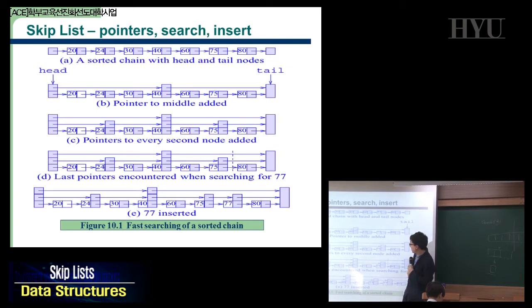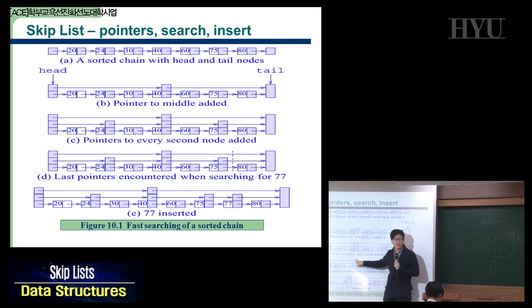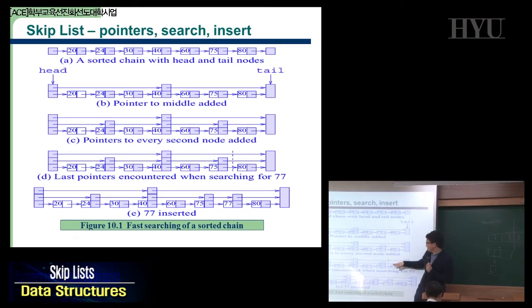If I'm looking for 77, I look at the value 40, but 40 is smaller than 77, so it must be on this way. So I can go from this point and check this every-second-element pointer, 75. 77 is still bigger than 75, so I can move one here, but it's not there. Something like that. Those types of searching operations are possible.